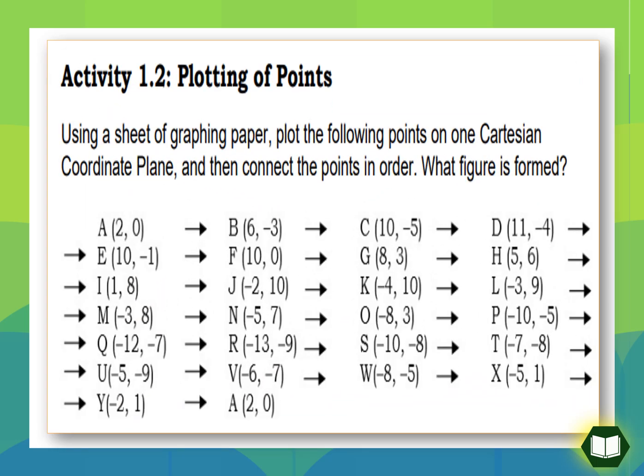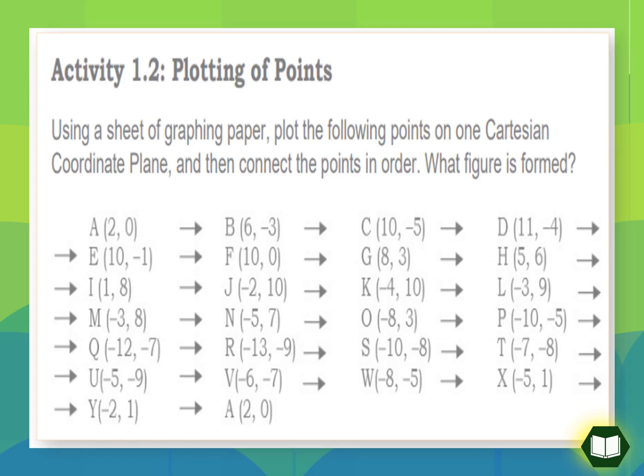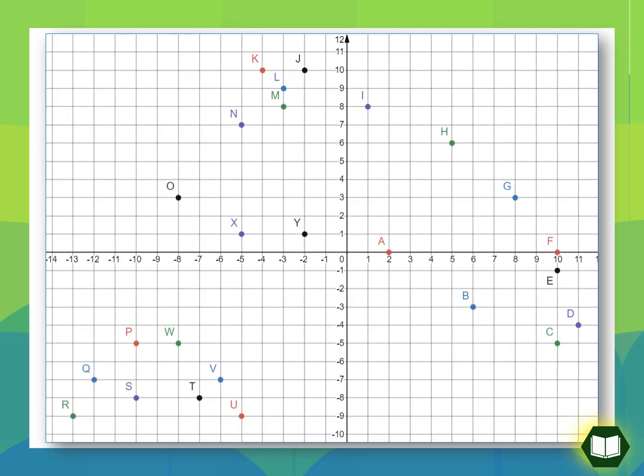Activity 1.2, Plotting of Points. Using a sheet of graphing paper, plot the following points on one Cartesian coordinate plane, and then connect the points in order. What figure is formed? Now let us have the answer to this activity.